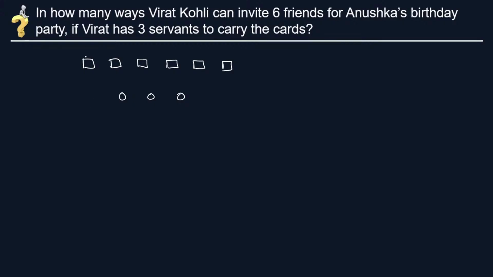See, this friend, this friend can get the invitation card from any of these 3 servants. Tell me yes or no. This particular friend will get the invitation card from any of these 3 servants. So this person can be invited in 3 different ways. Either the first servant will go and invite, or the second servant, or the third servant.